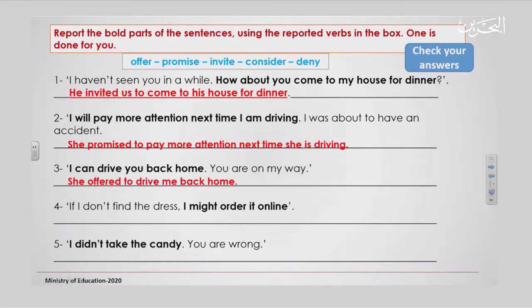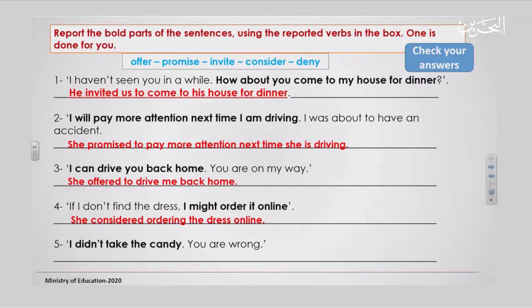Sentence number three, I can drive you back home. You are on my way. So you'll start with the subject again, she, plus the reporting verb, offered, plus to, plus the infinitive. So the sentence will be, she offered to drive me back home.